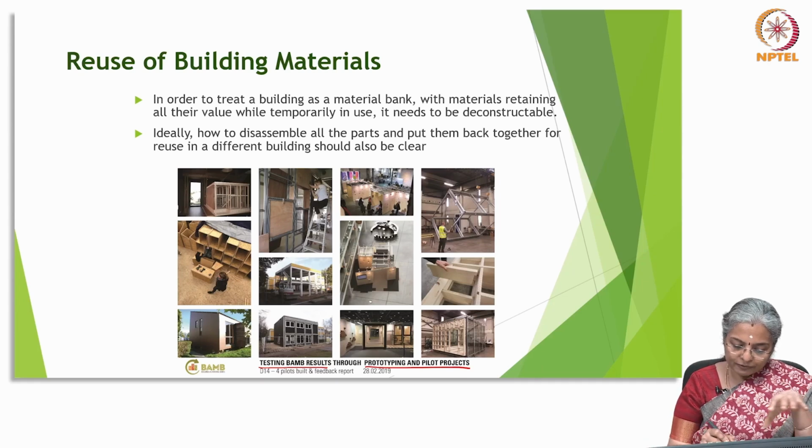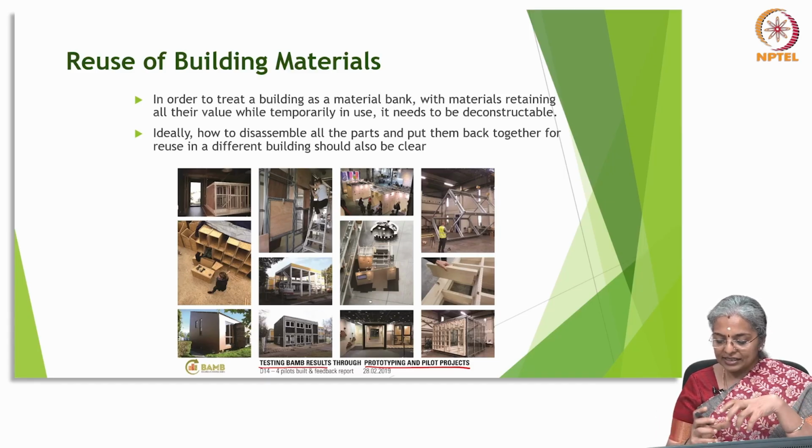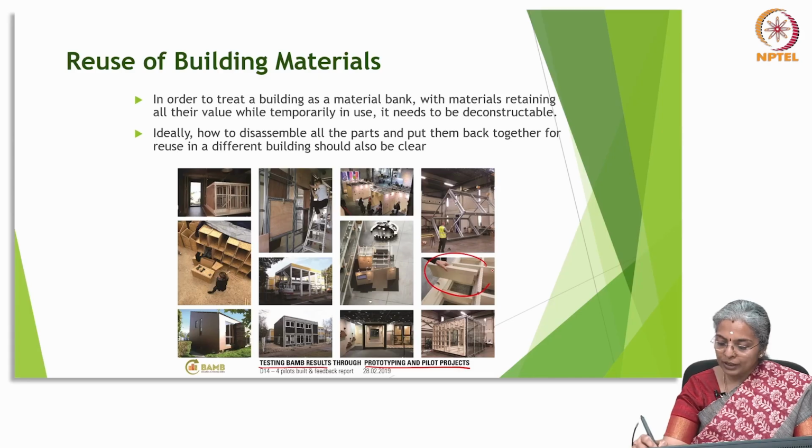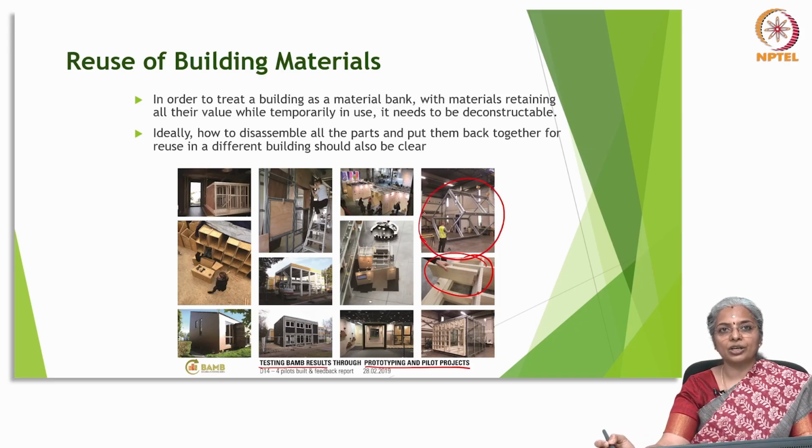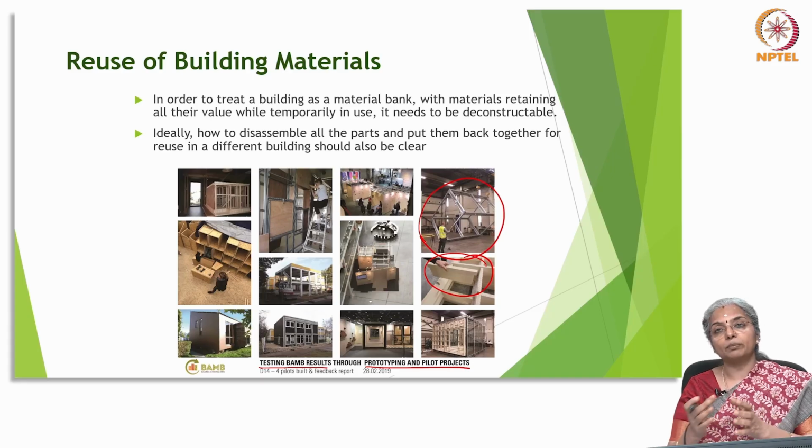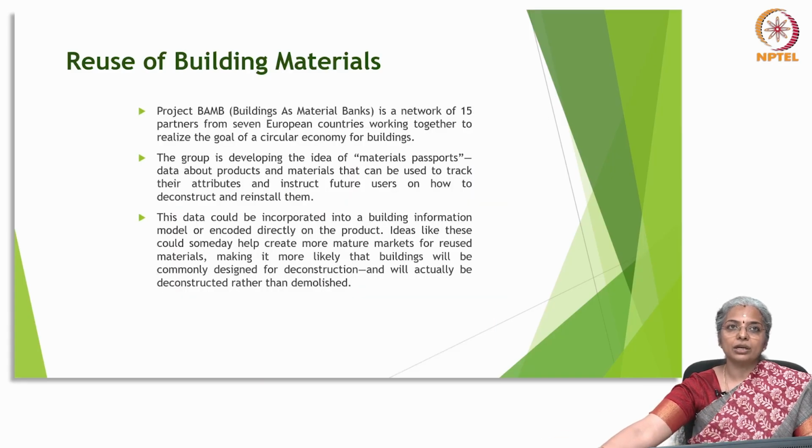Instead of stacking materials into a particular building and then looking at it as something which will go to a landfill, there have been a lot of experiments and projects through use of dismantleable joints and large structural frames, and then understanding how these buildings can be reused in the future.